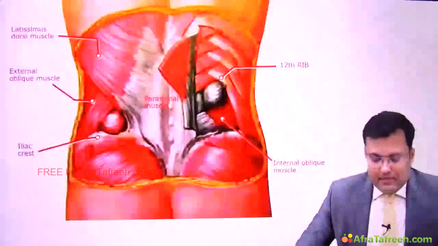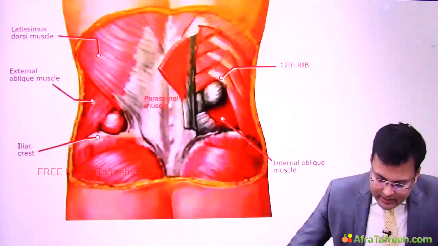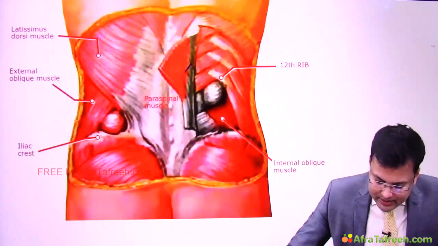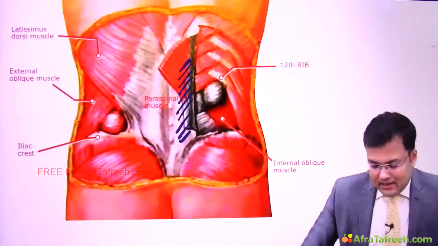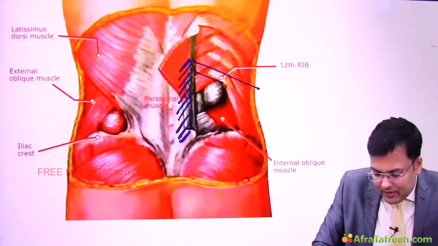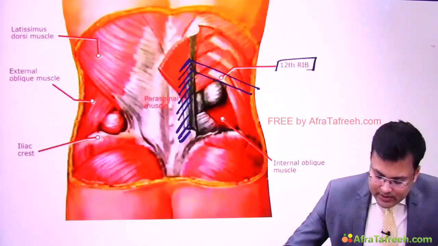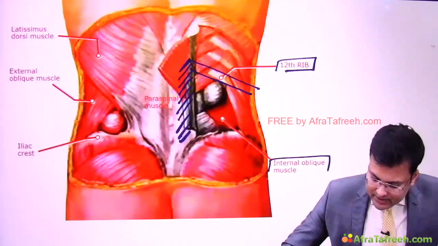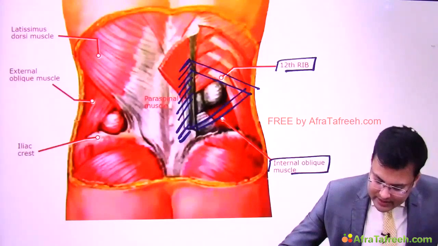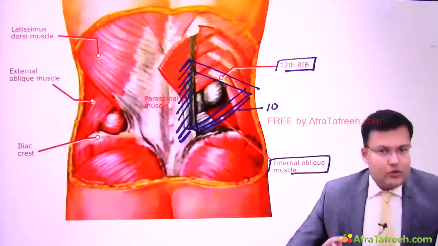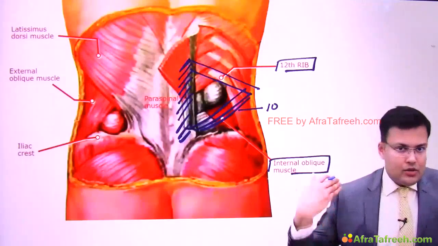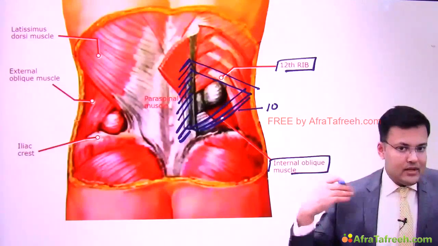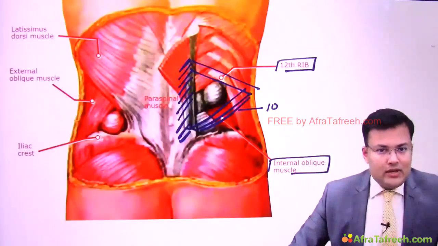Now see this diagram. Here you can see that in the paravertebral region there is the paraspinal muscle, and you can see this rib. This is the 12th rib. And you can see this muscle anteriorly: the internal oblique. So what are the boundaries? Anteriorly there is the internal oblique, posteriorly there is the paraspinal muscle, and superiorly there is the 12th rib.